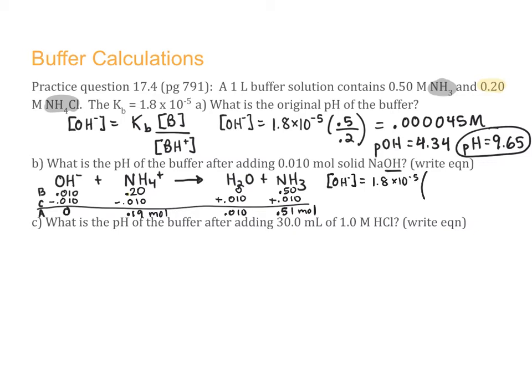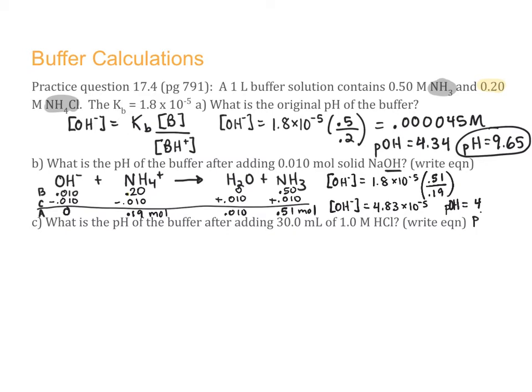But now our concentrations are 0.51 over 0.19. But then we're just following the same steps we did in the previous calculation. The hydroxide concentration is 4.83 times 10 to the negative fifth. So the negative log of that gives us the pOH, which is 4.